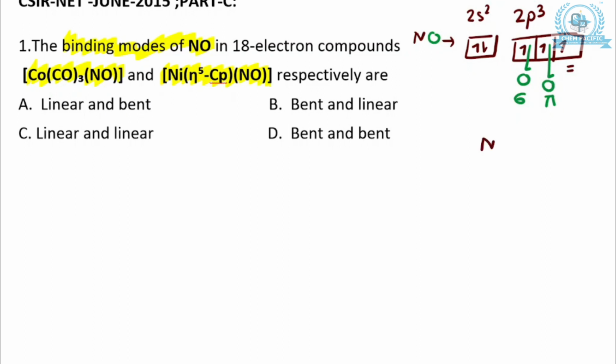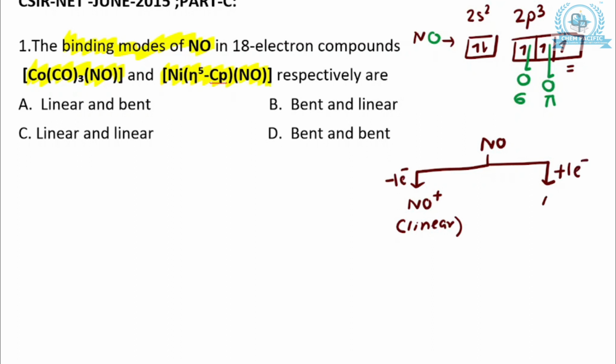That is why this nitrosyl can act in two different ways. It can either give out its one electron and form NO+, which is named linear nitrosyl, or it can accept one electron and form NO-, which is defined as bent nitrosyl.